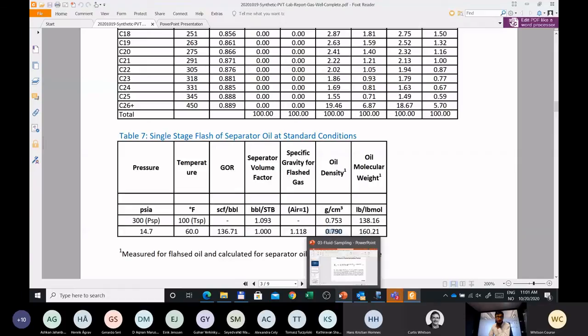So, yes, Gerardo? Yeah, on the Watson characterization factor, for different reasons, sometimes we flash at different temperatures, right? How will that change the Watson factor? Yeah.